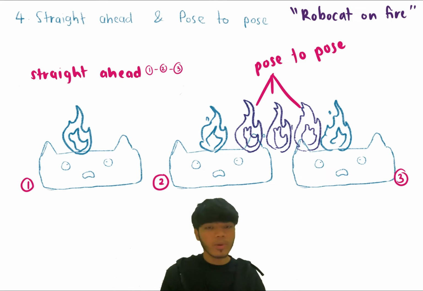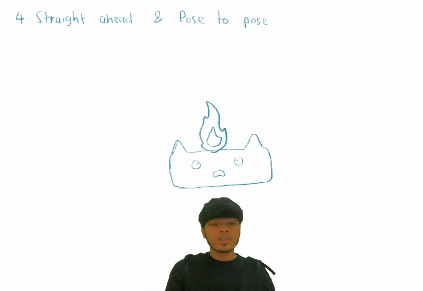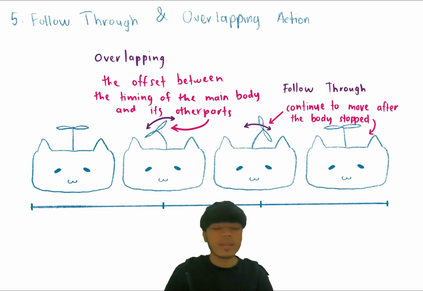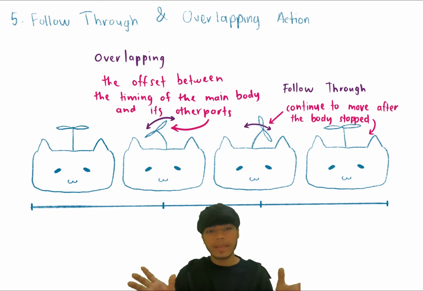And for the pose to pose, I drew the animation of the fire in between. Straight ahead and pose to pose is good for animation that is unpredictable, such as fire. So now, if I animate my drawings, it will look like a fire is burning on Robocat's head.